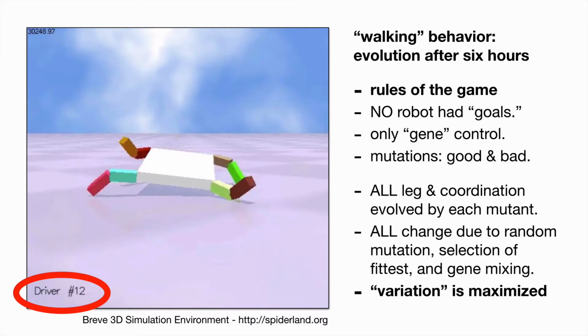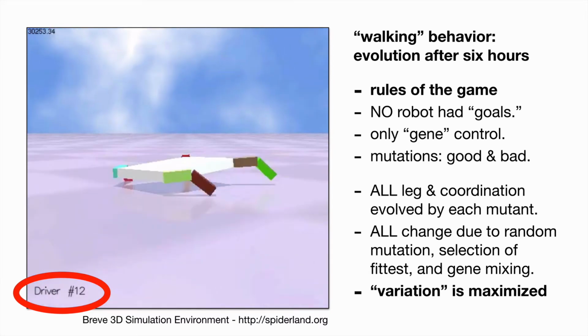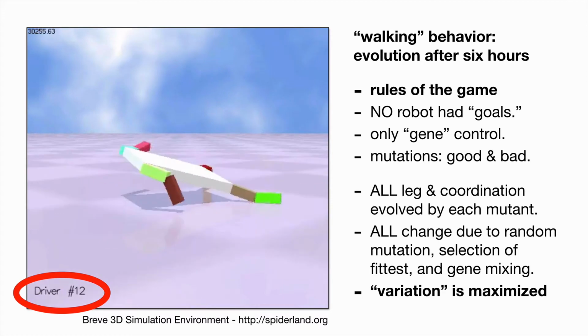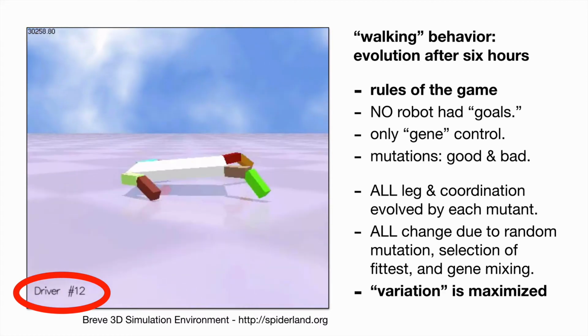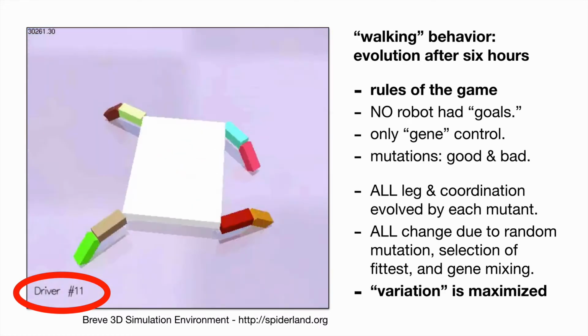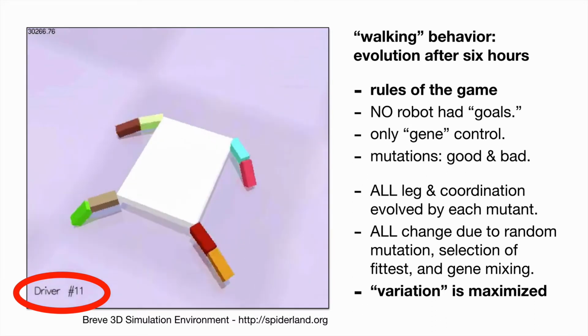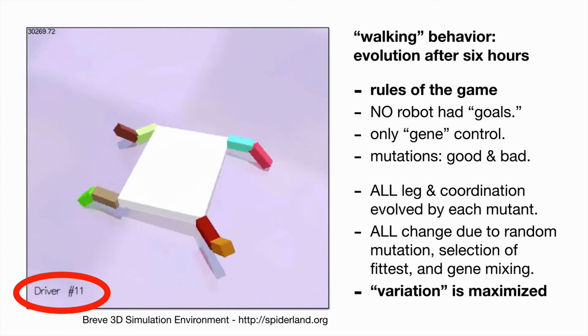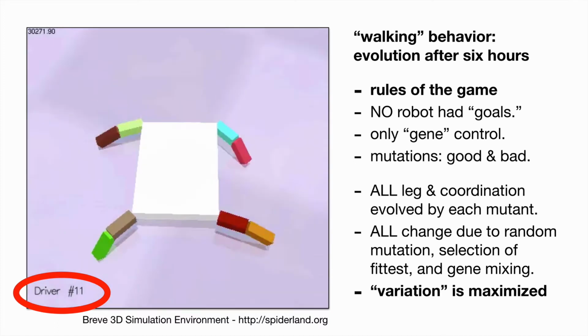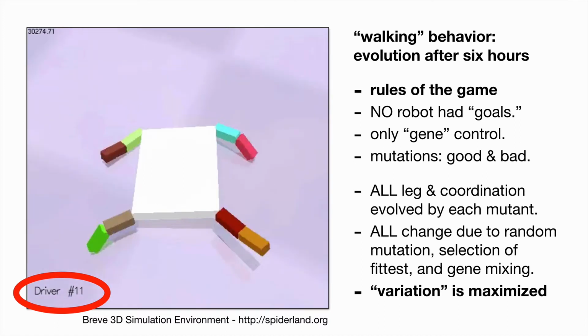Not quite good. So the rules of the game is that none of these robots had a goal. None of them were trying to do something. Just random genes changed their behavior, some good, some bad. All of the leg movement and the coordination were done by each mutant.